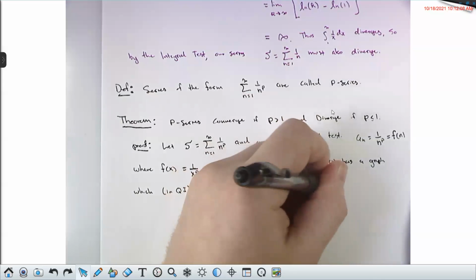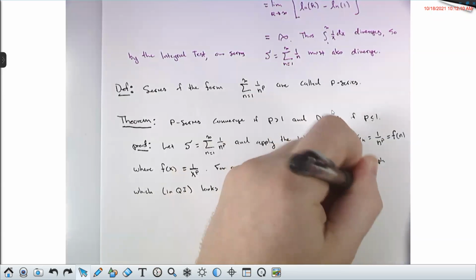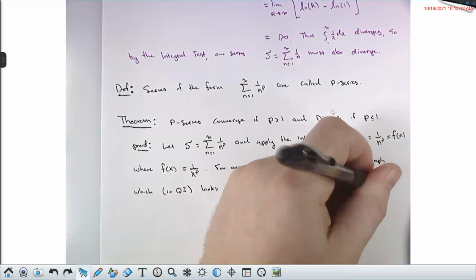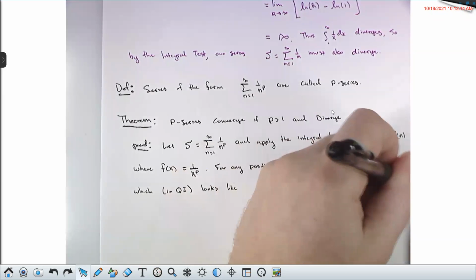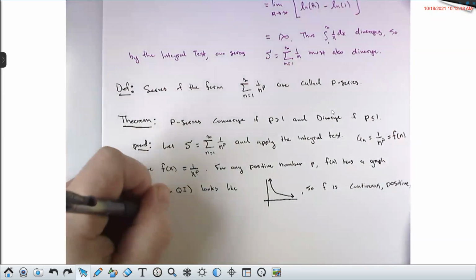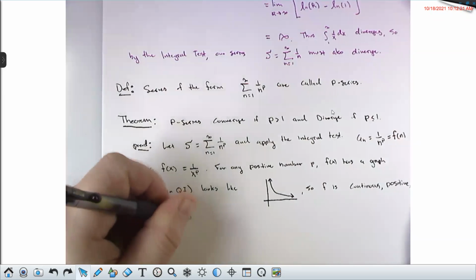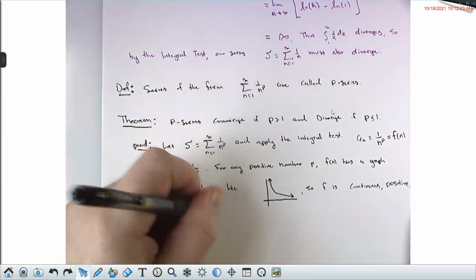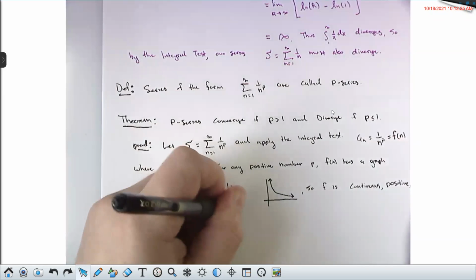So f is continuous, positive, and decreasing for all x greater than 0.